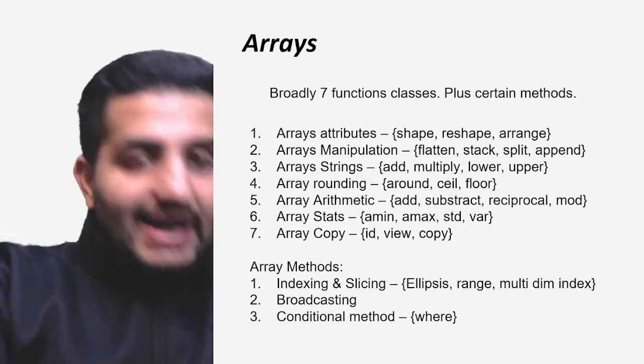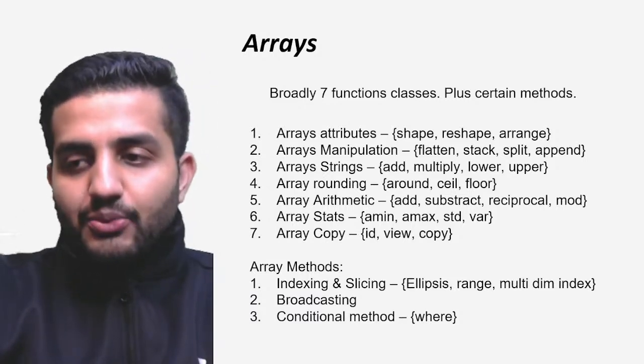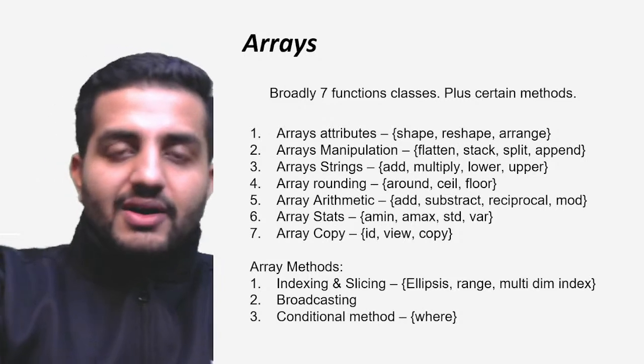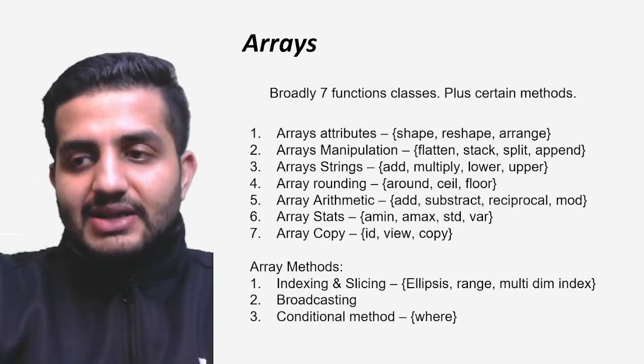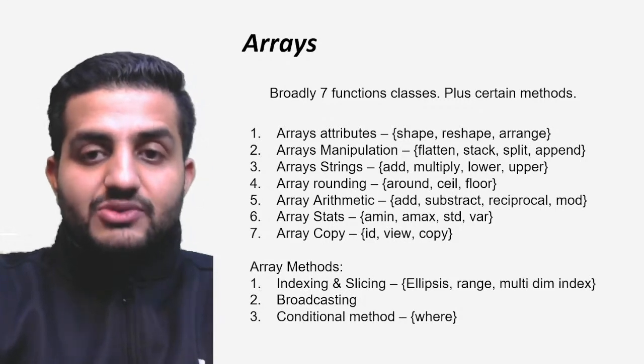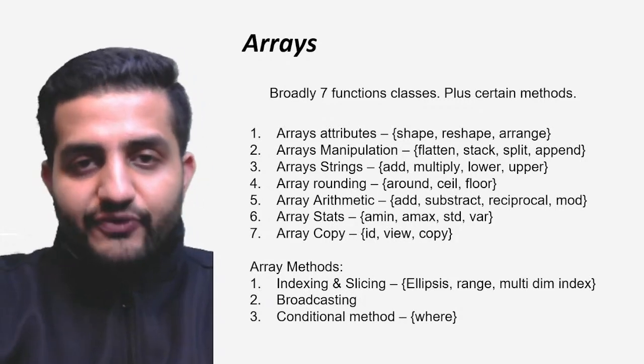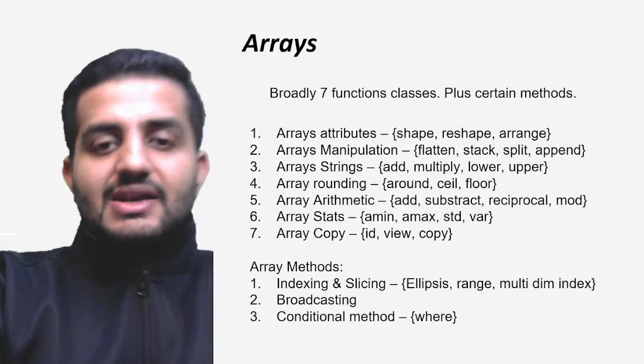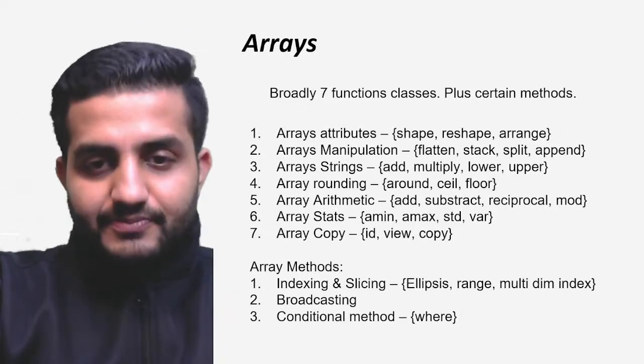We can take an action on the conditional output also. In other words, it's more of a replacement for if in NumPy. So the conditional method, where, is also available. Very useful functionality available under NumPy.